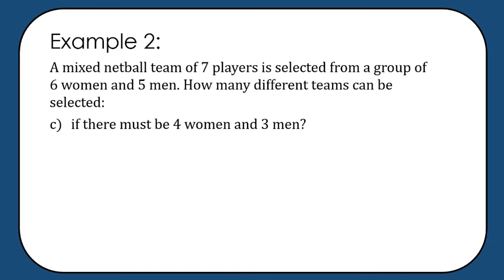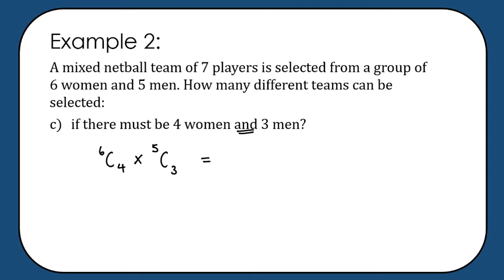Again, same situation. This time we want to know how many different teams can be selected if there must be 4 women and 3 men. The word 'and' is important here. We're going to be multiplying. We need to choose 4 women from the 6 women, so 6 choose 4, and we also need to choose 3 men from the 5 men, so 5 choose 3.